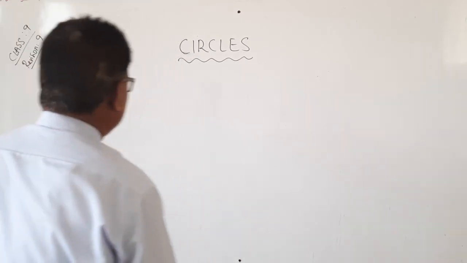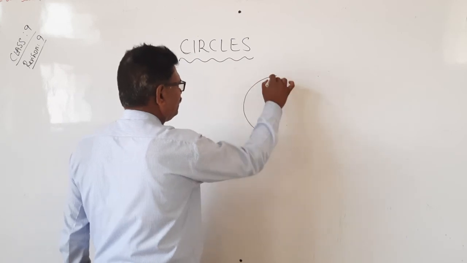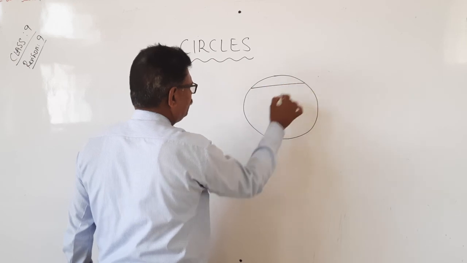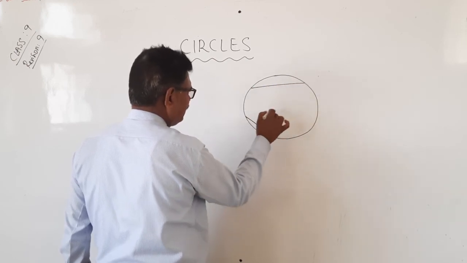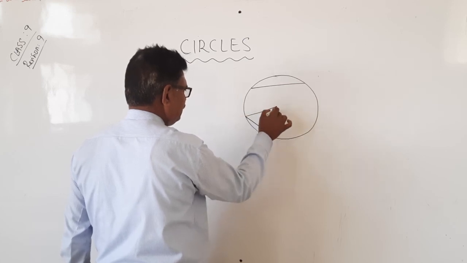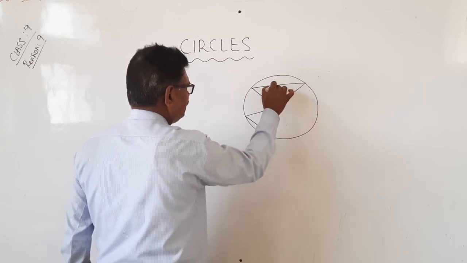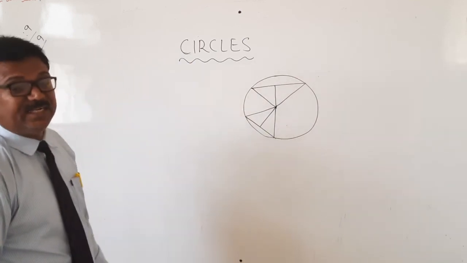One more theorem. If it is a circle and two equal chords are there, then they are equidistant from the center.